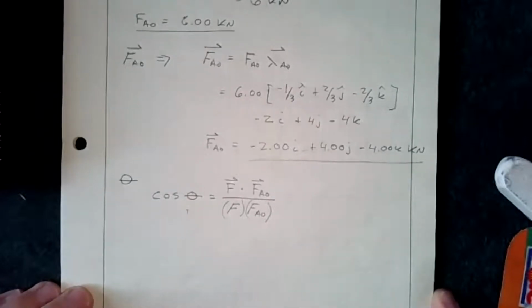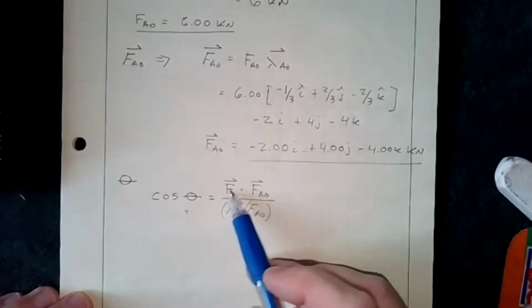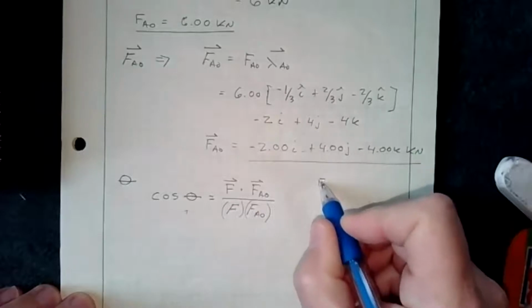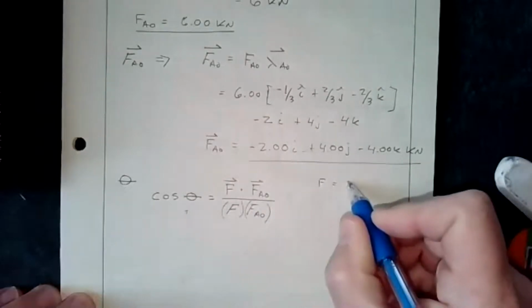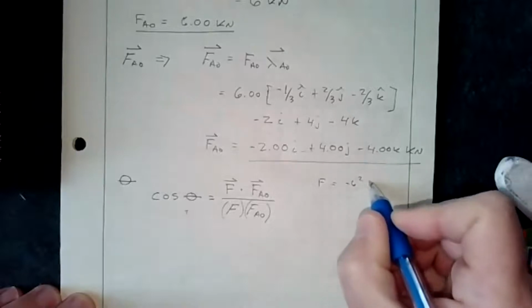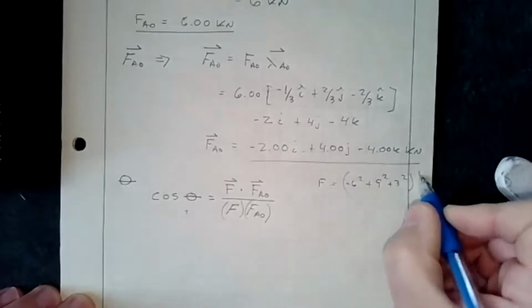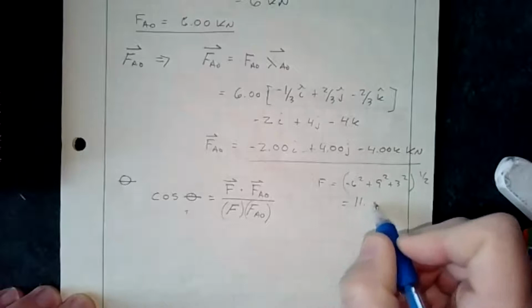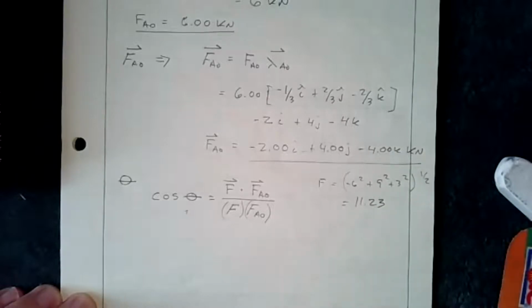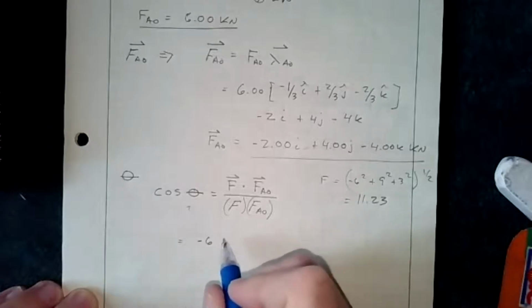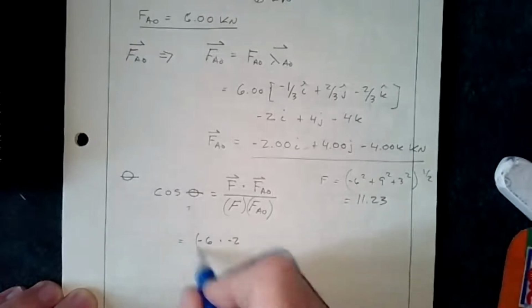So if I find the magnitude of F, remember the original vector of F, the magnitude equals the square root of negative 6 squared plus 9 squared plus 3 squared, and that gave me something like 11.23. Now if I multiply this, I end up with negative 6 times negative 2.